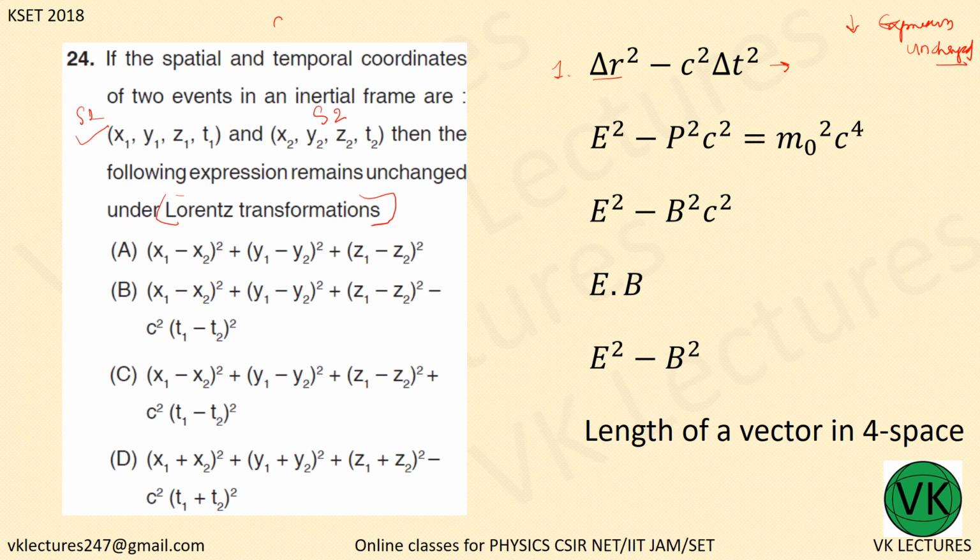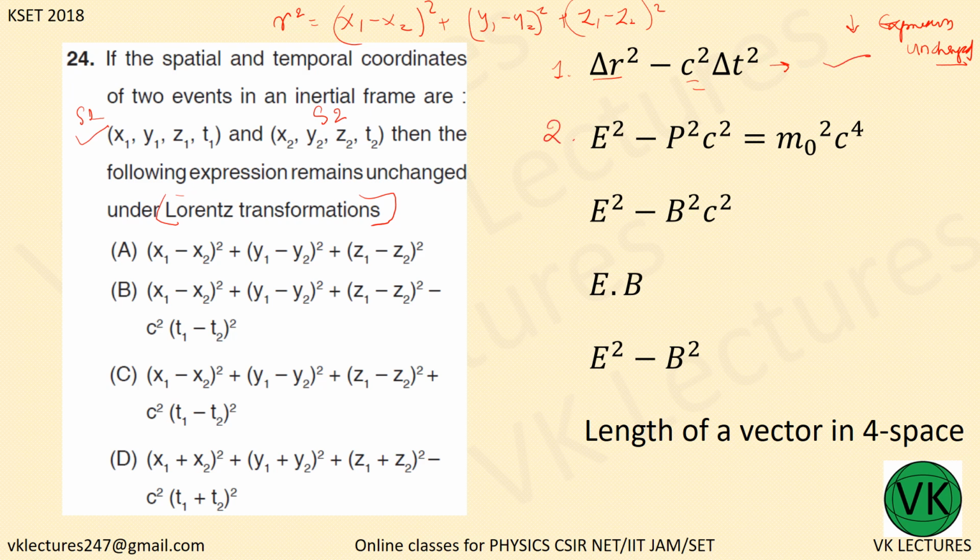Delta r square is nothing but x1 minus x2 whole square plus y1 minus y2 whole square plus z1 minus z2 whole square, and c square is a constant. This particular quantity remains constant.